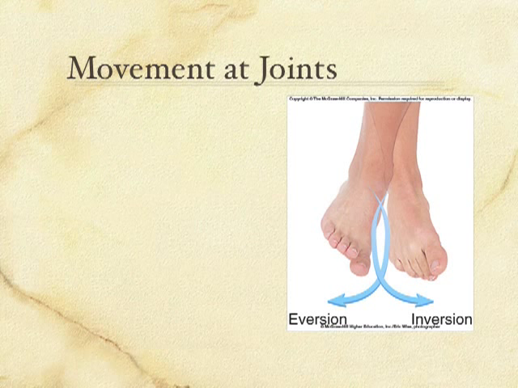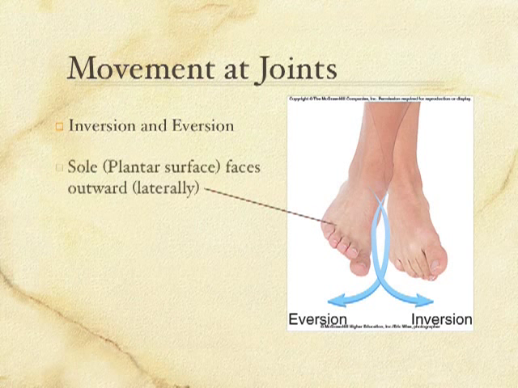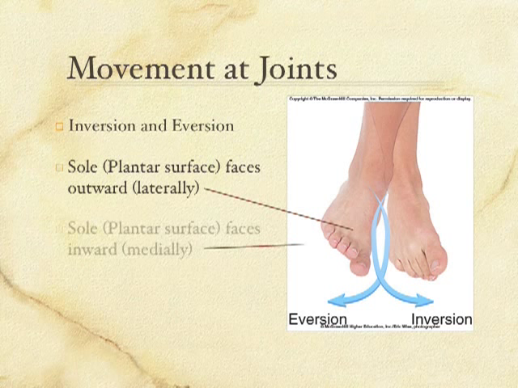So most people can't evert their feet very well. Inversion is fairly easy. Okay? So the sole of the foot facing out, laterally, is eversion. Sole facing inward, medially, is inversion.